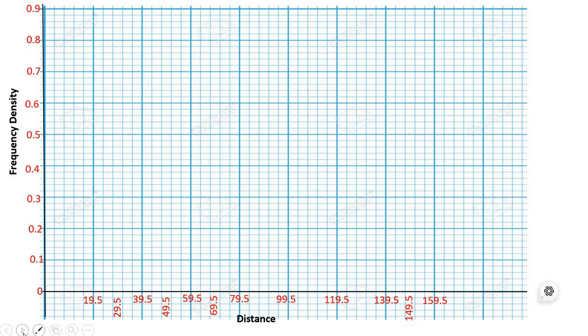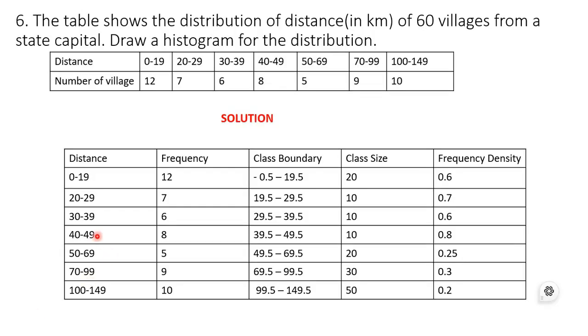So for this, I will first take our first distance, which is 0 to 19. The boundary is from negative 0.5 to 19.5, but I'm going to ignore the negative. I'm going to start from 0 to 19.5.